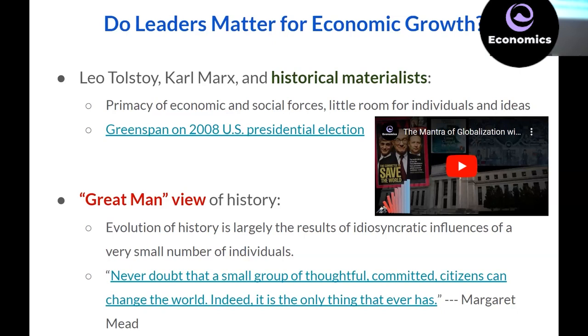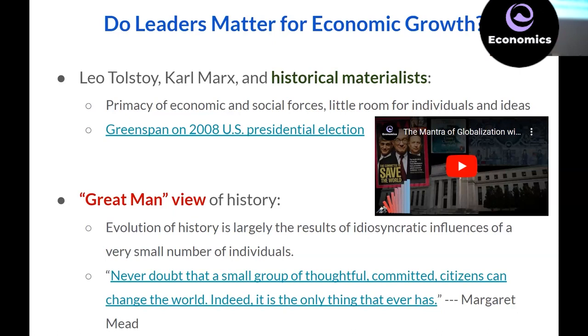Karl Marx, Leo Tolstoy, and the historical materialists would say no, individuals don't matter that much on average. People having this great man view would say, no, a small set of people matter quite a lot. So philosophers, political scientists, and economists have been debating this for a long time.